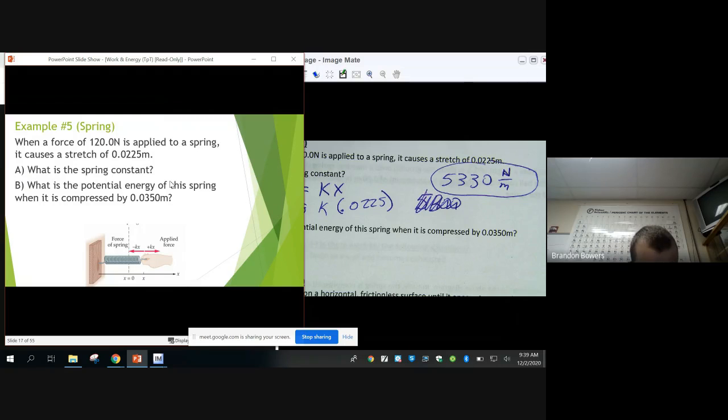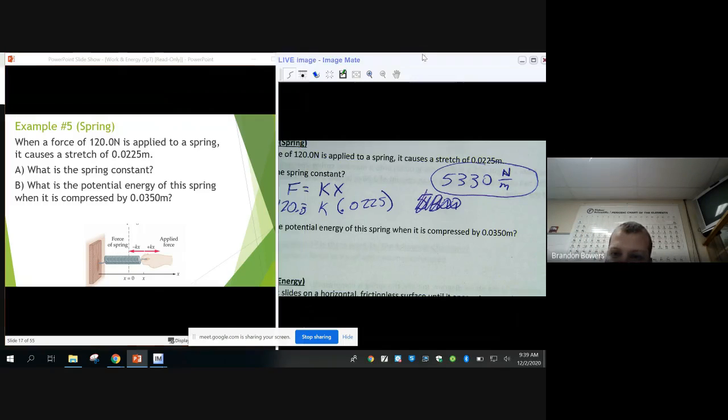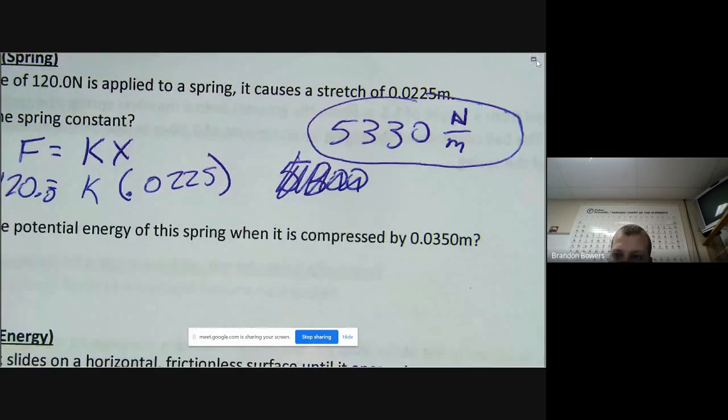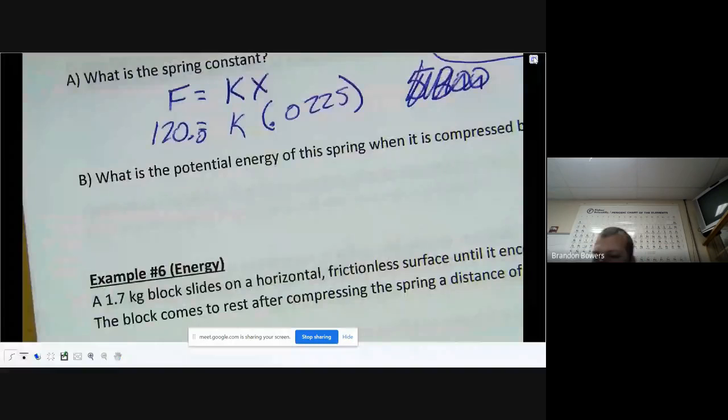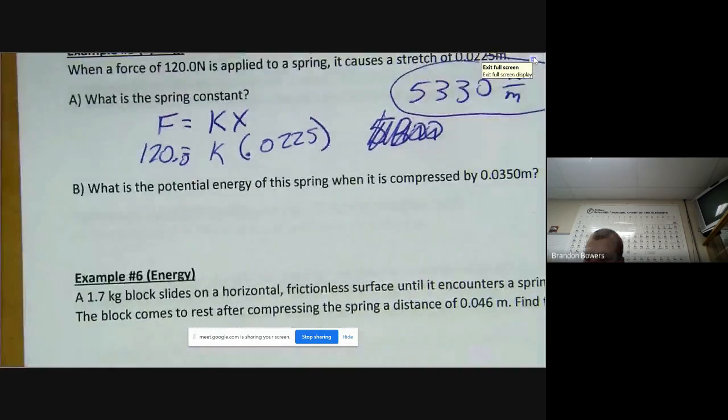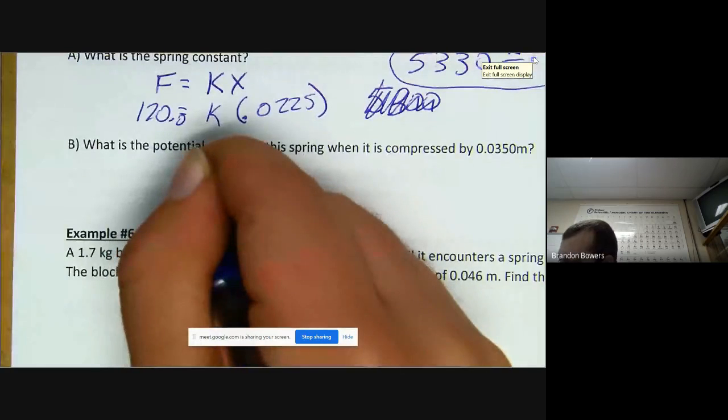Okay. Now, it says, what is the potential energy of this spring when it's compressed? So all we have to worry about is the elastic potential energy. Oh, my screen froze. There we go. I'm going to zoom out a little bit. All right, so the elastic potential energy, hopefully we wrote that equation down.